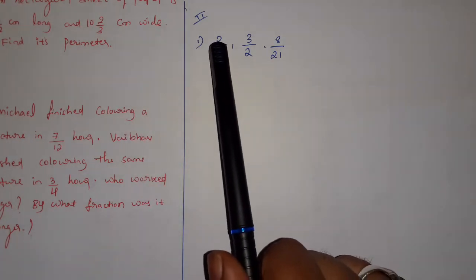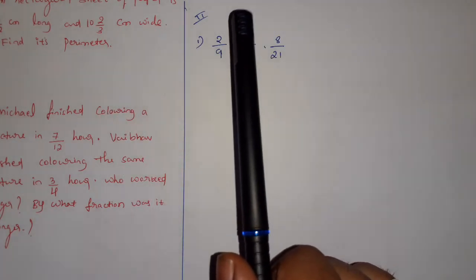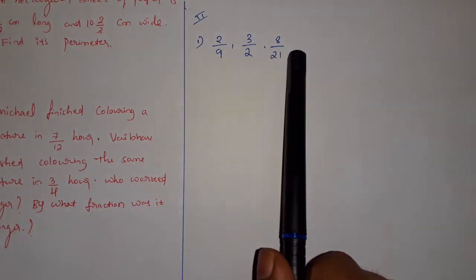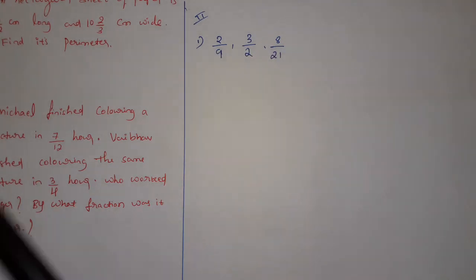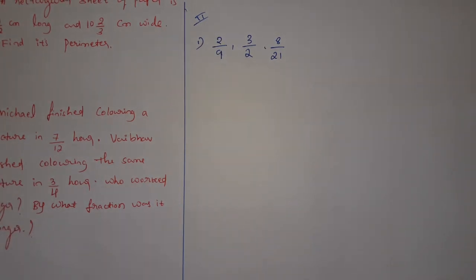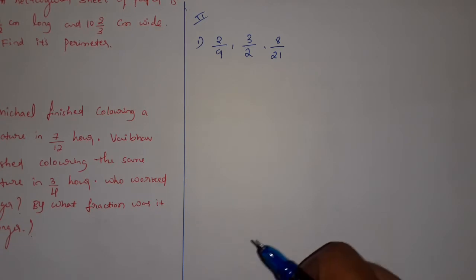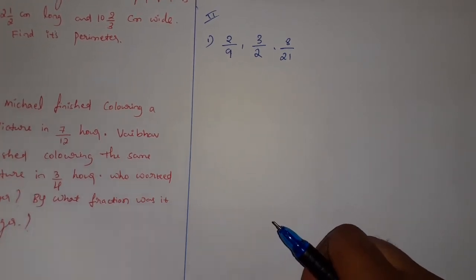Once I have the same denominators, then I can judge them by looking at the numerator. So my first duty is to convert all fractions to the equal or same denominator. Okay, then only I can compare them.